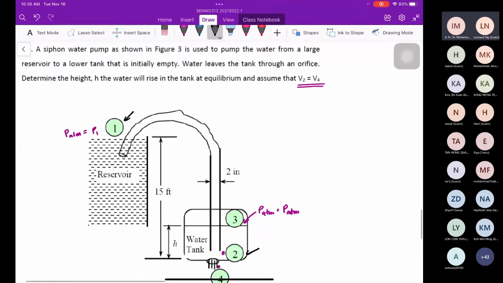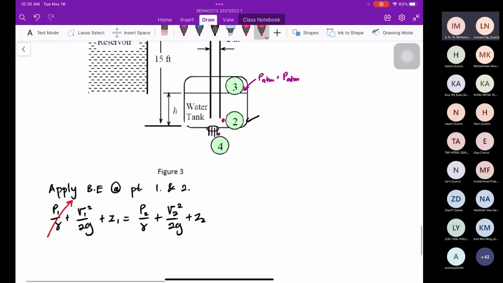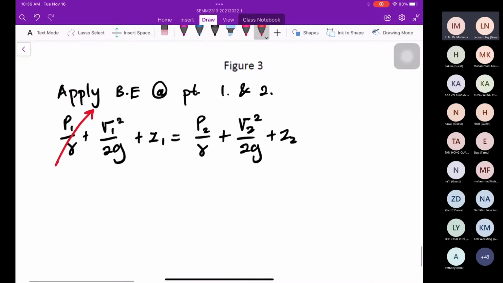So our calculation is now in gauge pressure. At this point, the velocity increase is very small, approaching 0, because this is a reservoir. It is hard to see the increments of velocity. So velocity 1 equals 0, and pressure 1 equals 0.